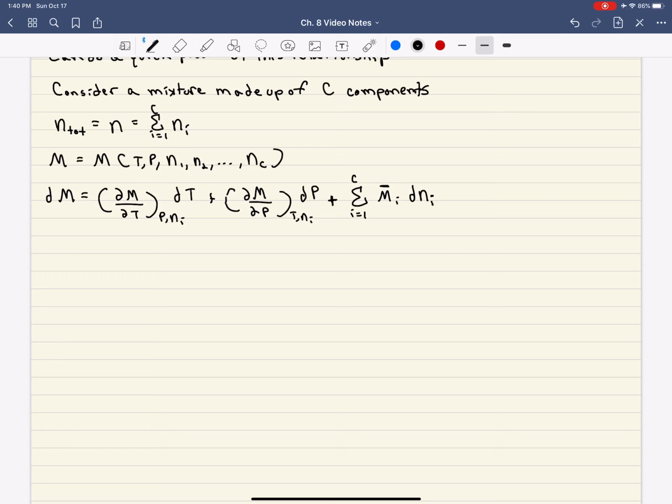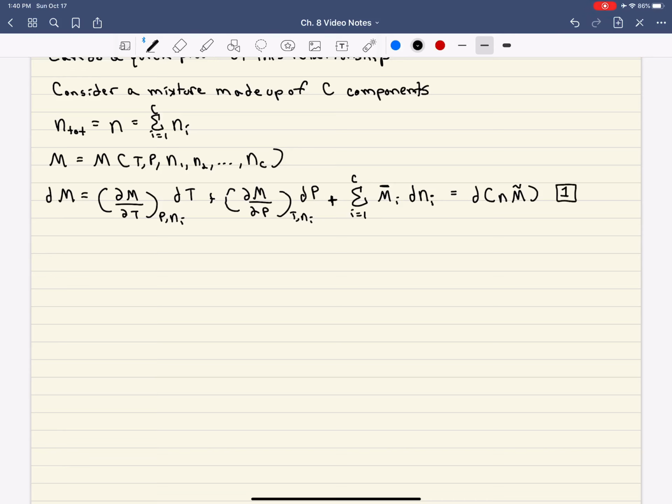The other thing I want to say is our M here, we could also write that in terms of the molar M, where if we take molar M and multiply by the total number of moles in the system, we get back M. Okay? Alright, I'm going to call this equation 1.